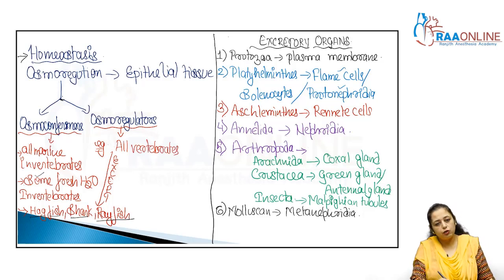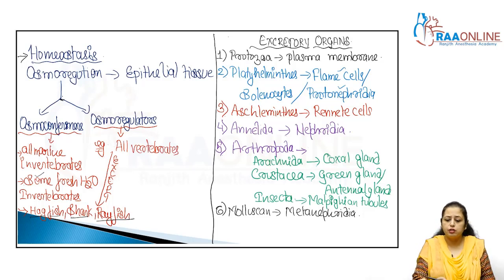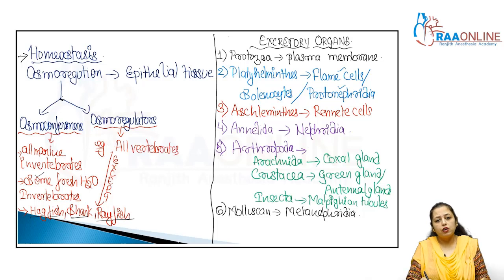Same then in Echinodermata, tube feet are used for excretion as well, right? So these are the types of excretory organs which are given in NCERT. Only these are mentioned in NCERT.